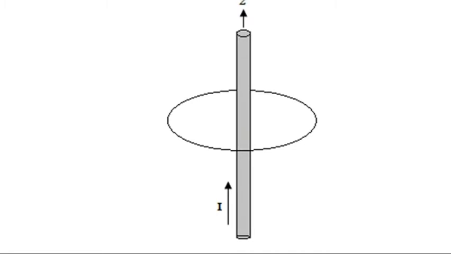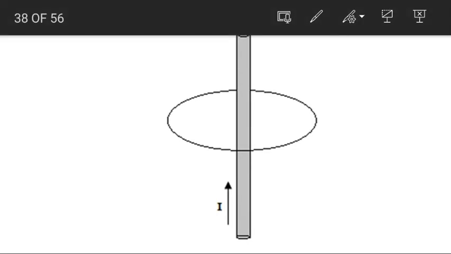So let us assume that this conductor is along z axis. So if this conductor is along z axis, then the current in this conductor will be along z axis, and we can consider the current density as a vector quantity.